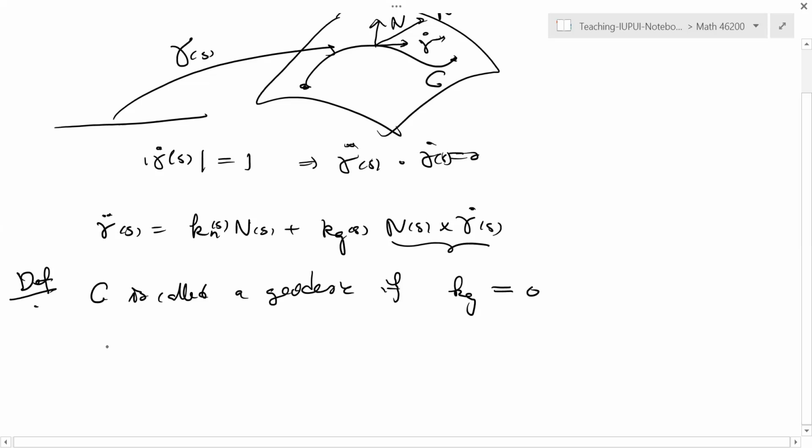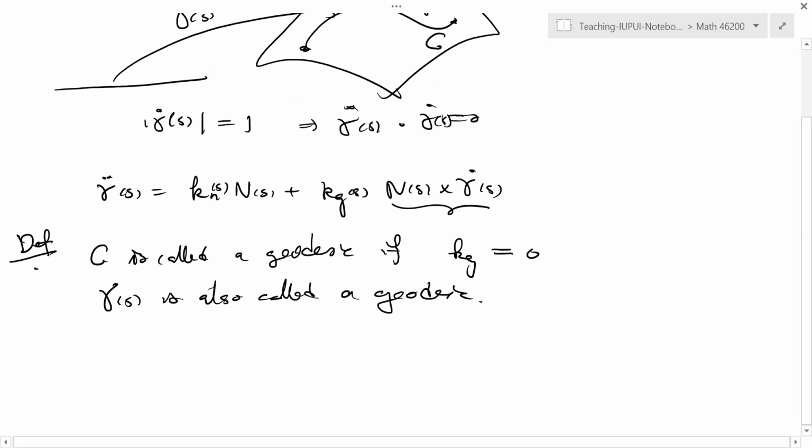Sometimes we say a unit speed curve is geodesic if the geodesic curvature is 0. We don't want to make a difference between them.